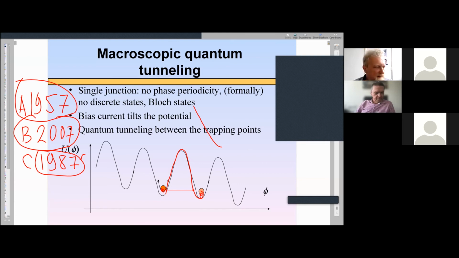It was quite some work to distinguish it from thermally activated tunneling. That required complex setups and much experimental work, but that was the pioneering observation of quantum effects in Josephson circuits.